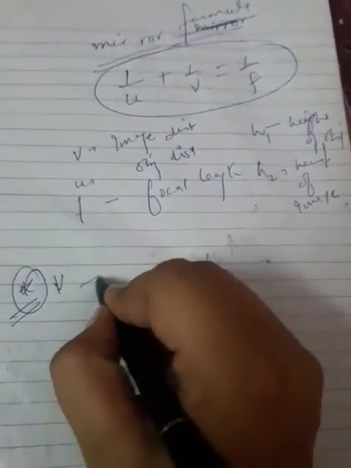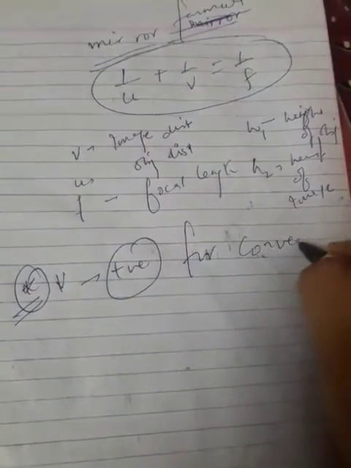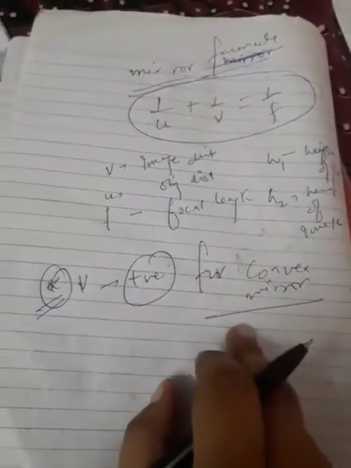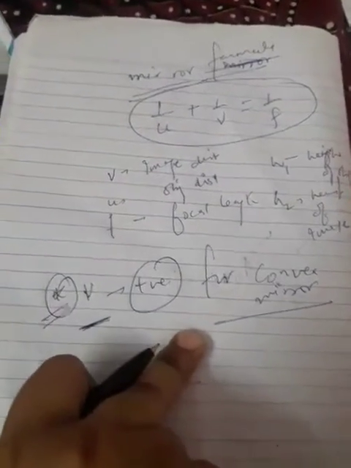Keep one thing in your mind: v is always positive for a convex mirror. V is the image distance. Clear? And what about focal length?